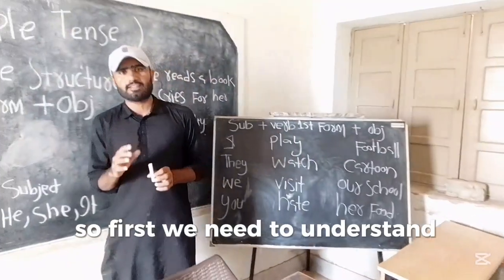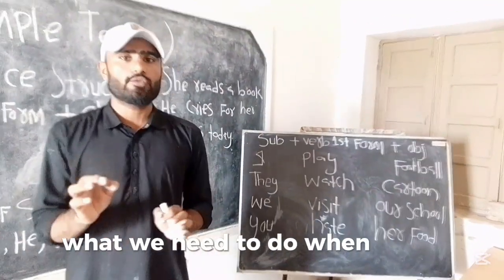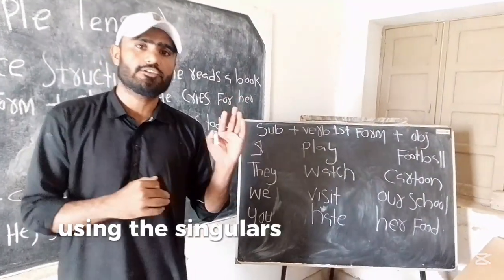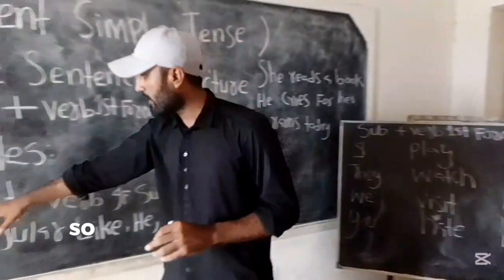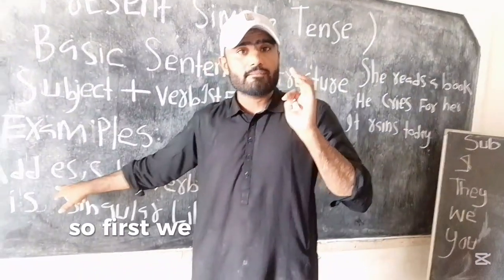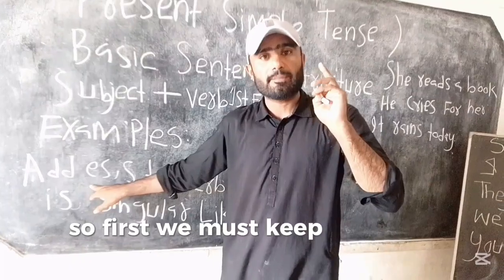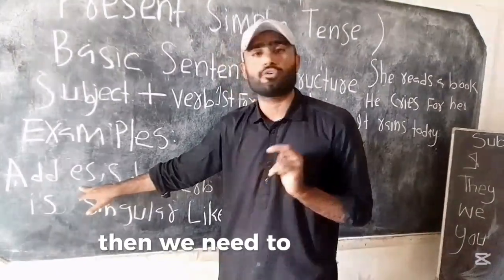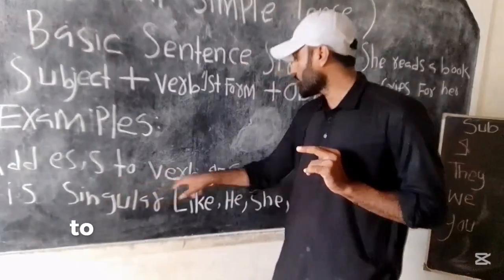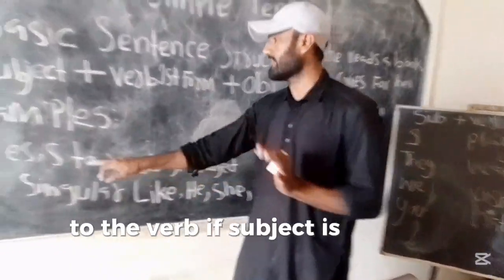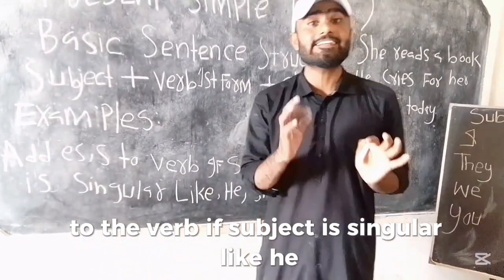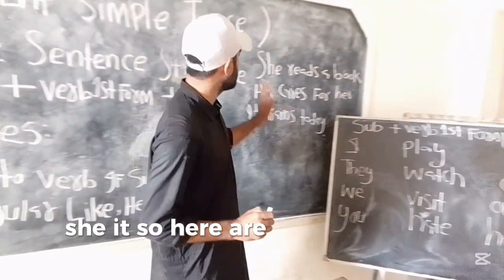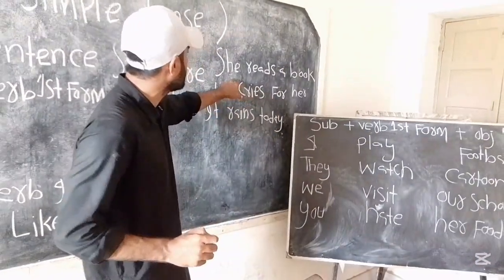We must keep one thing in mind: when the subject is singular, like he, she, it, we need to add es or s to the verb.